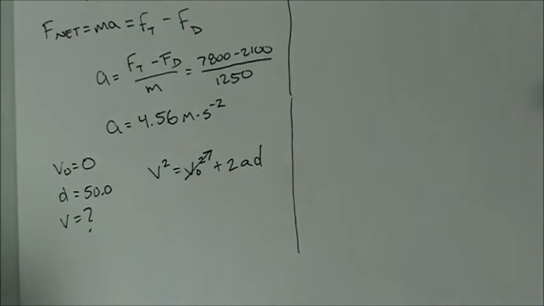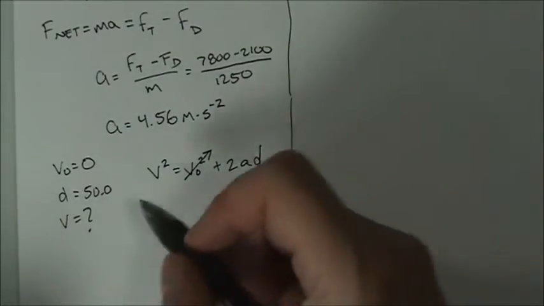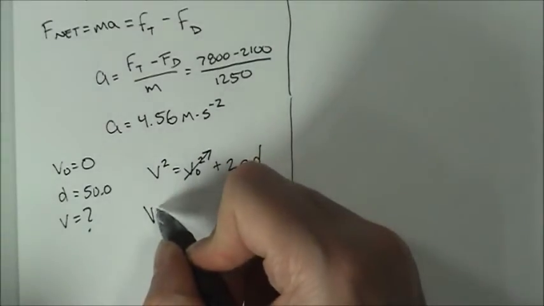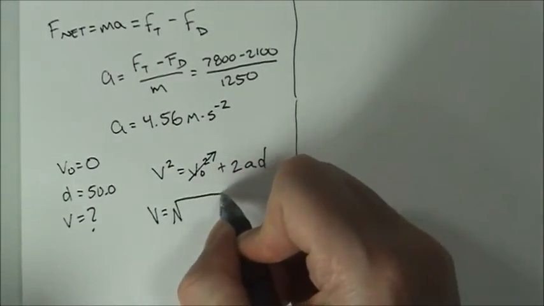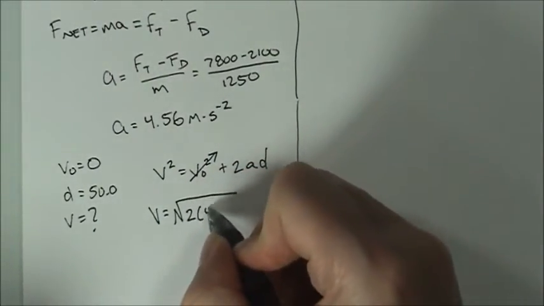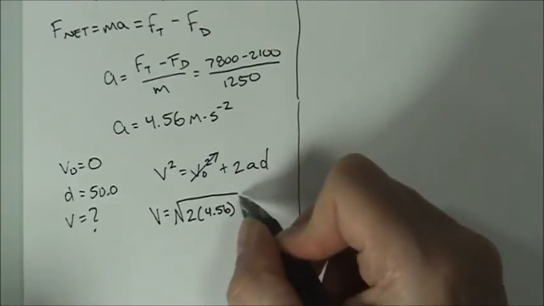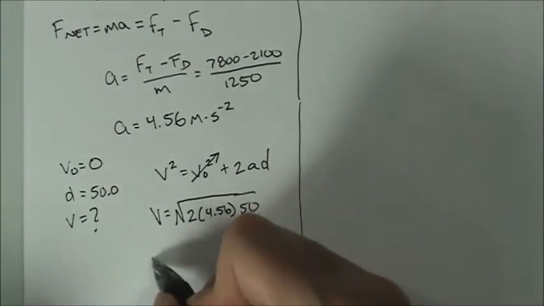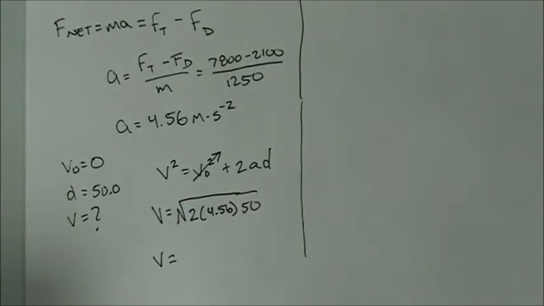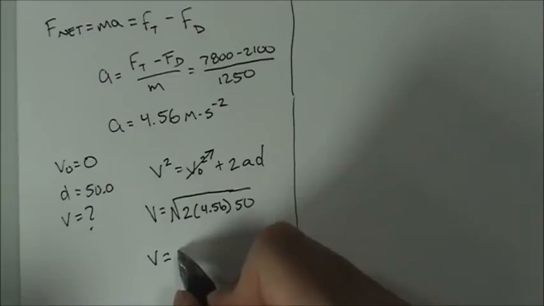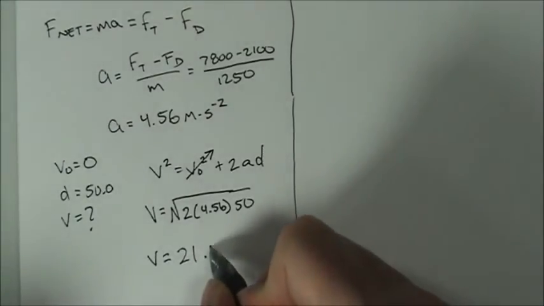I would get rid of this since the initial velocity is 0, and I would find that V is equal to the square root of 2 times 4.56 times 50, and that gives me a velocity of 21.4.